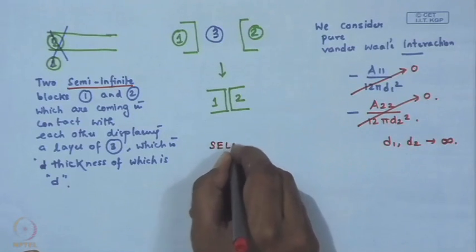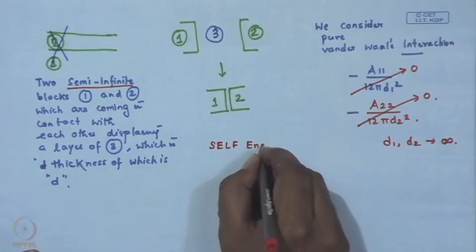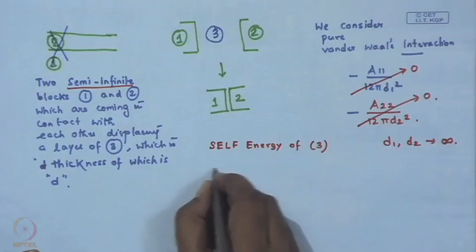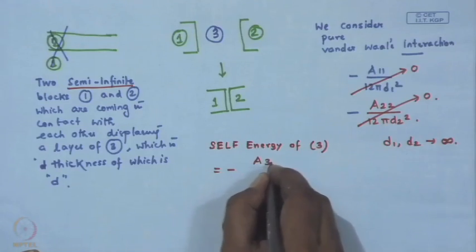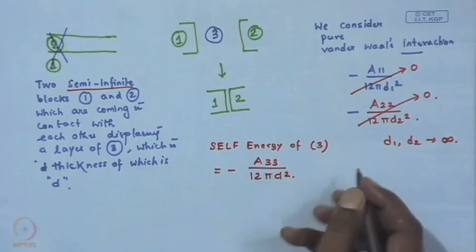Self energy of 3 is of course minus A33 divided by 12 pi d square.